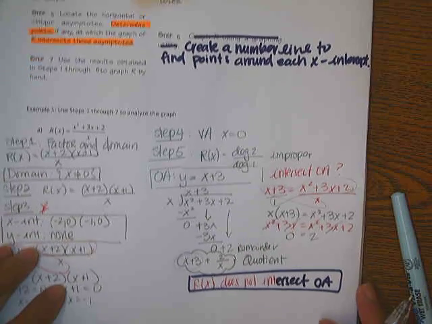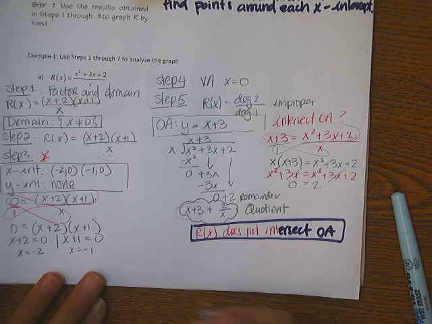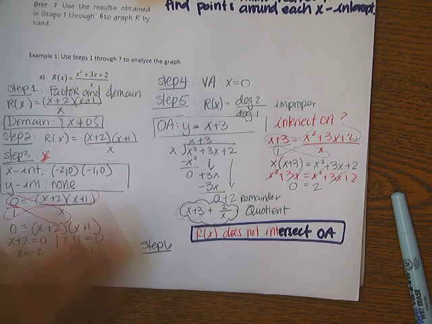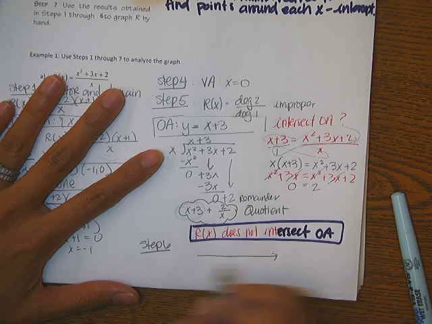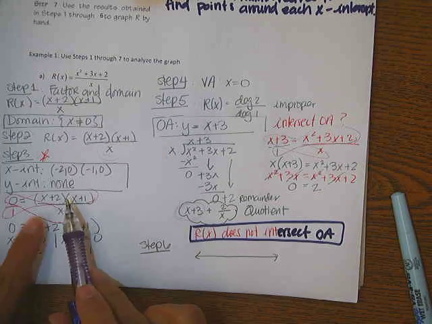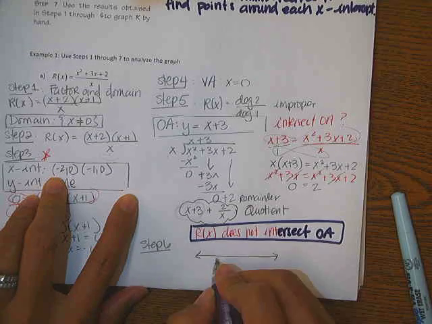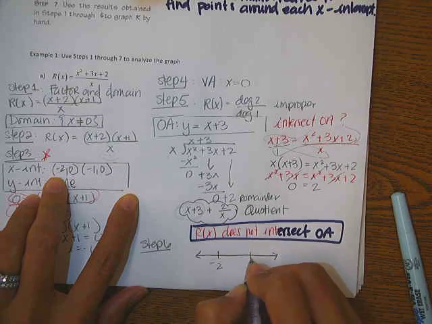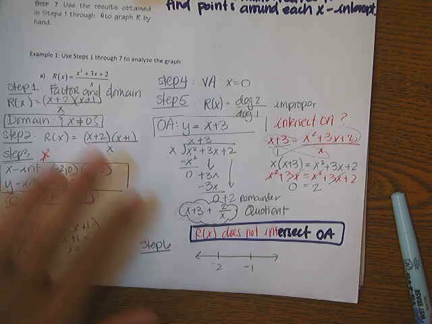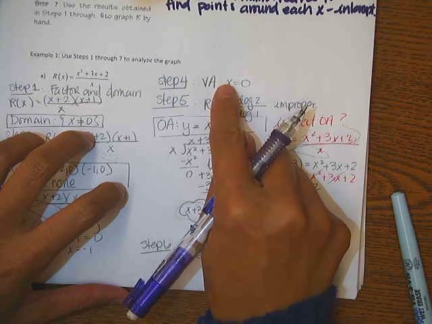So I'm going to do it right over here, step 6. Here's our number line. We need to go back and find our 2 x-intercepts. One was at -2 and one was at -1. Moreover, I'm also going to ask you to put in your VA.